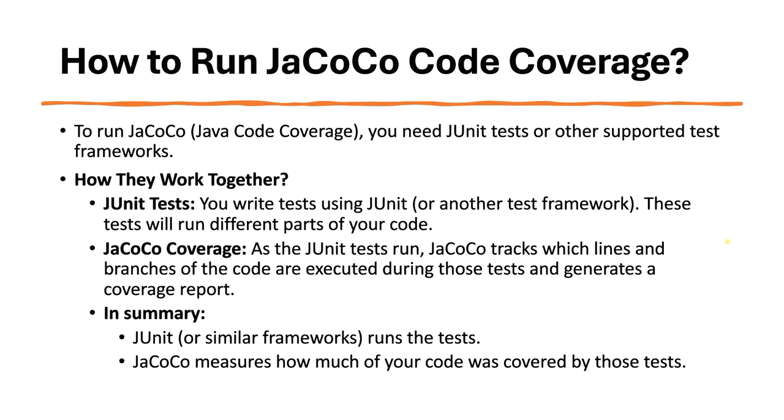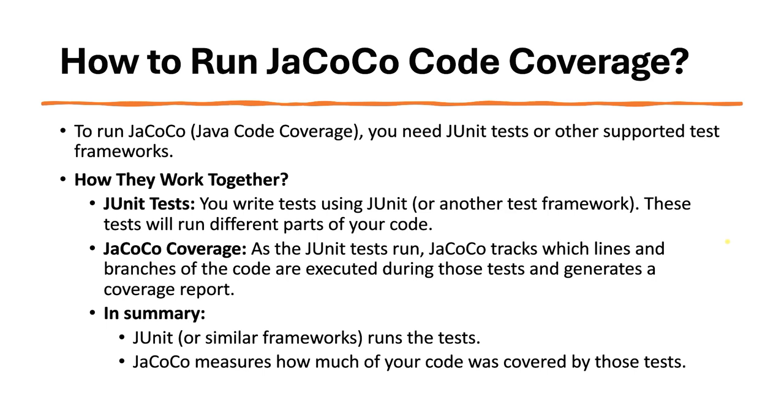The very first thing is to write a test using the JUnit framework, and these tests will run different parts of your code. It completely depends on your code, how you want to test your application, so accordingly you have to write JUnit tests. After the JUnit test, the next thing is Jacoco coverage.